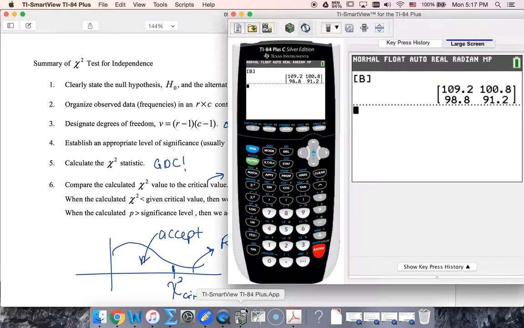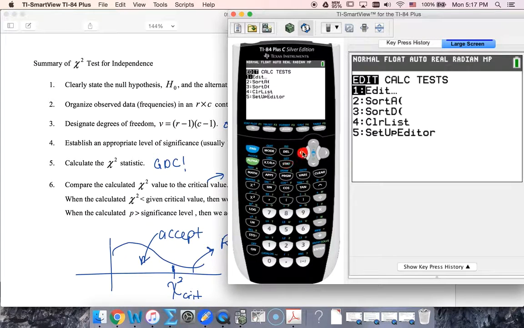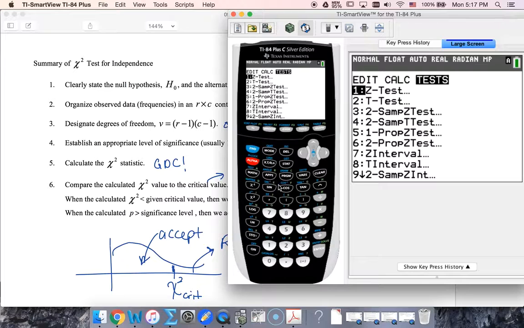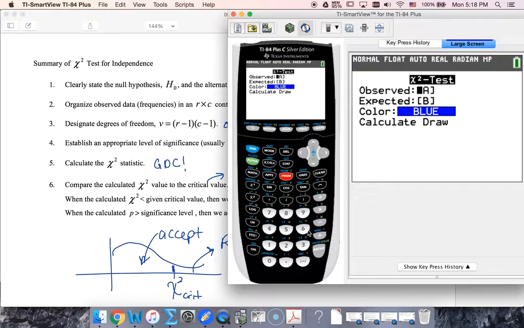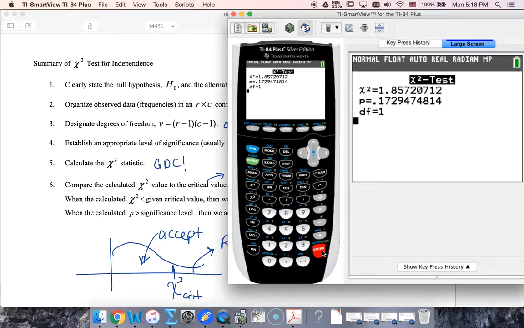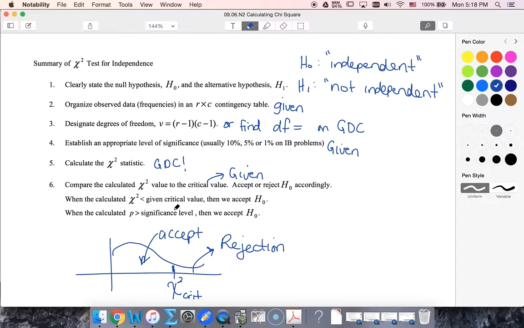On your calculator, when you do your chi-squared test, if I just go to alpha C, that's the chi-squared test. Once I calculate it, my calculator will also give me a p-value. I can think of this like a percent. If my p-value is greater than the significance level, then I'm accepting.